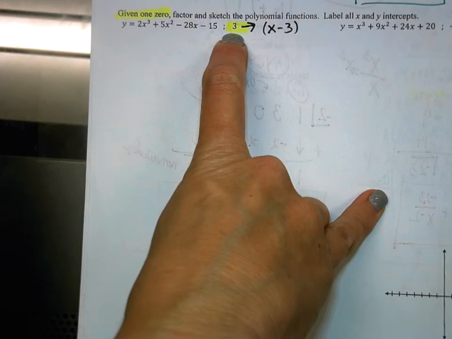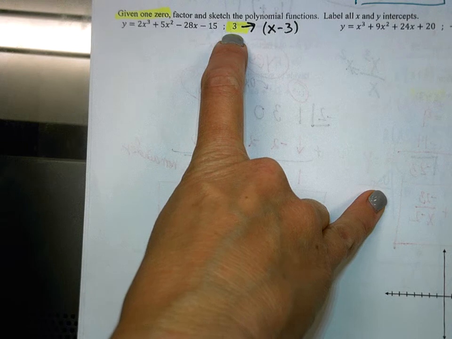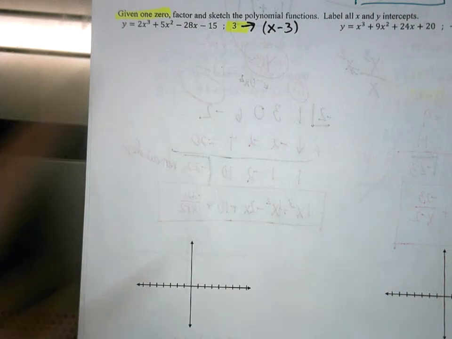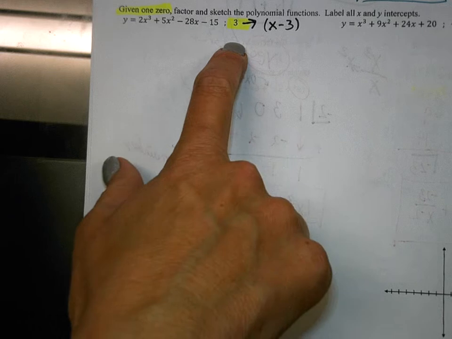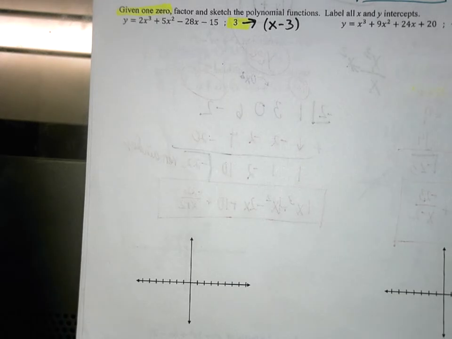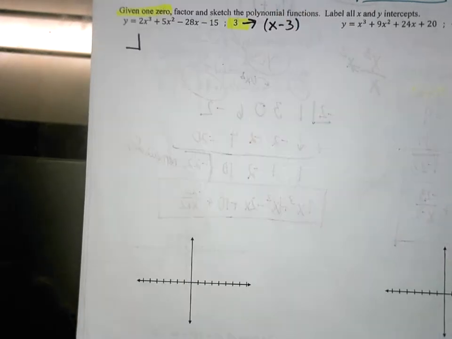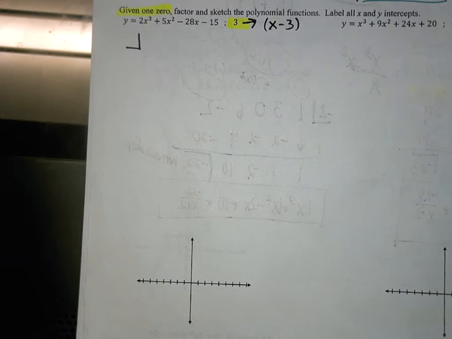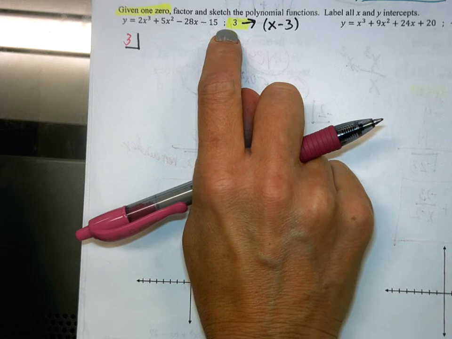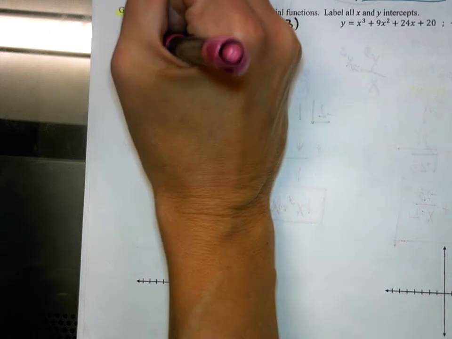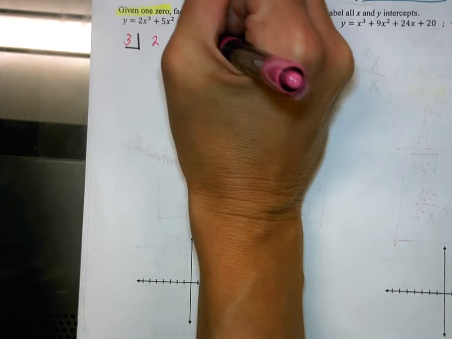It's only when they tell me a factor or tell me something is a 0. So in my box, I'm going to put the number 3. My other numbers are going to be 2, 5, negative 28, negative 15.